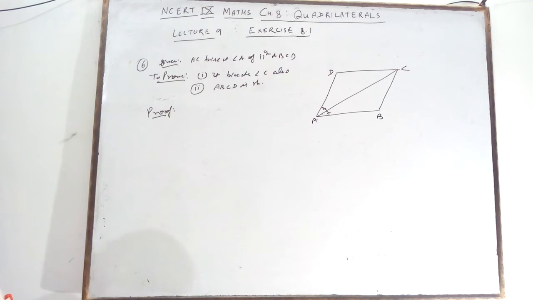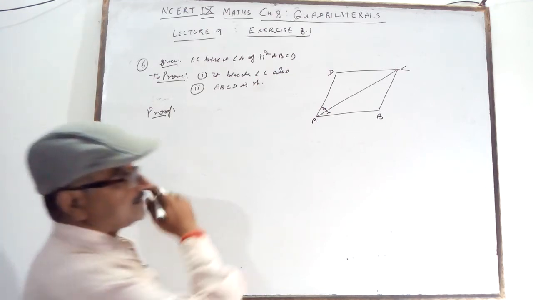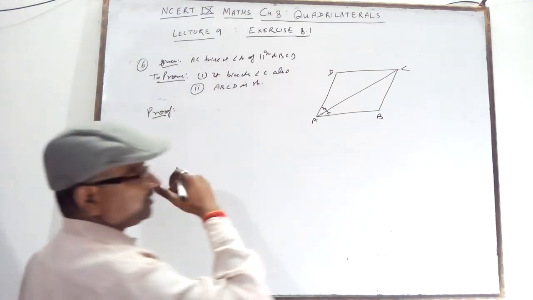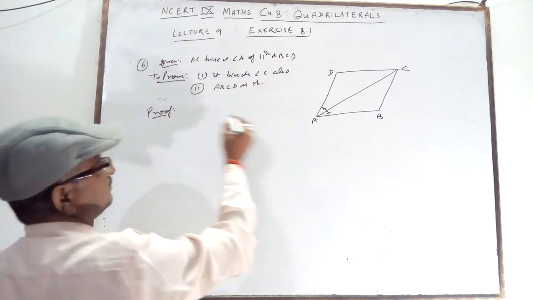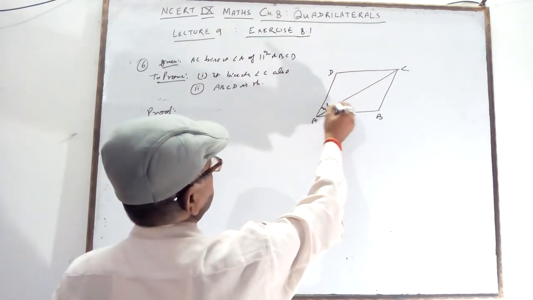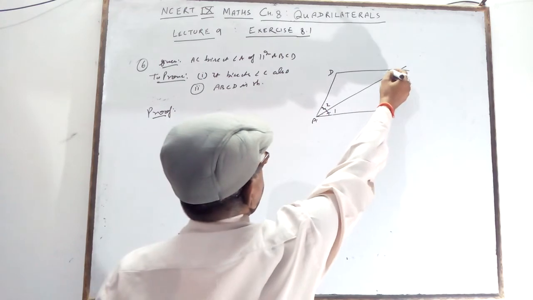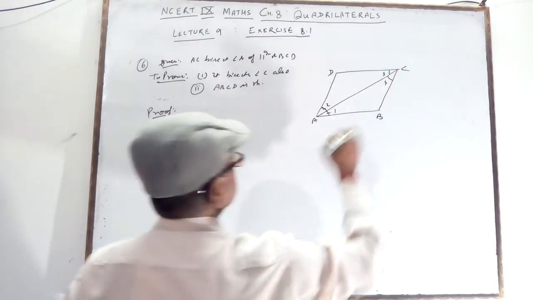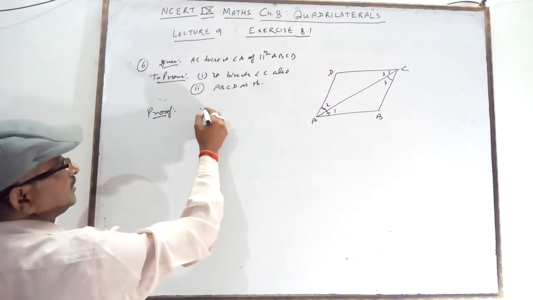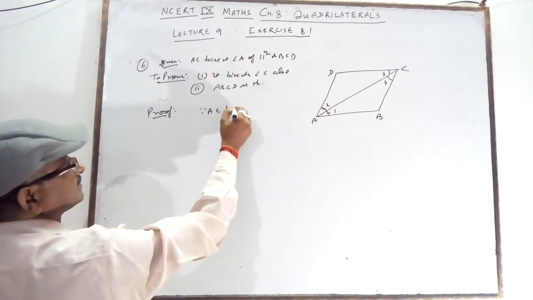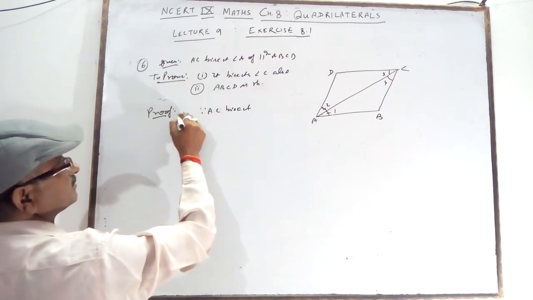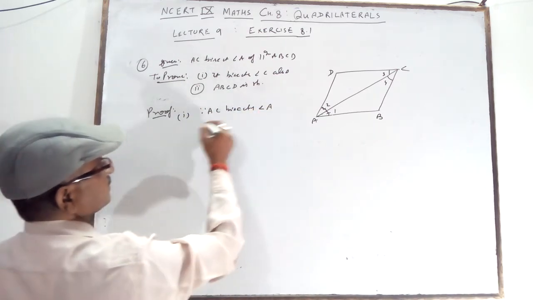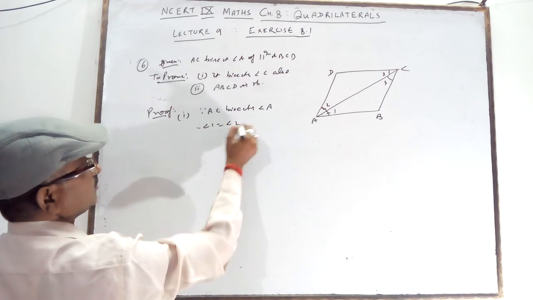Here, AC bisects angle C. How will you prove it? It is very simple. You can see ABCD is a parallelogram. Here is angle 1, angle 2, here is angle 3 and here is angle 4. Because AC bisects angle A, angle 1 is equal to angle 2.